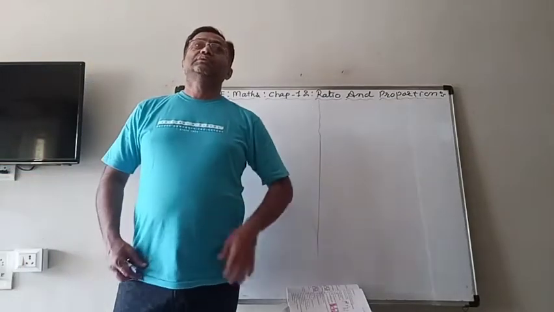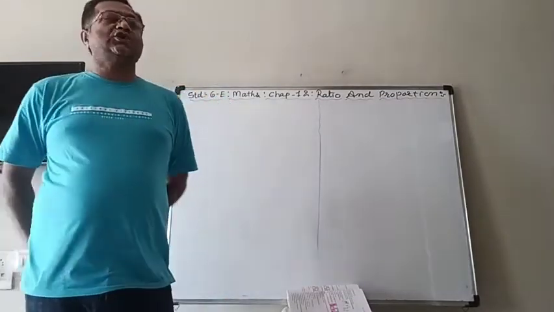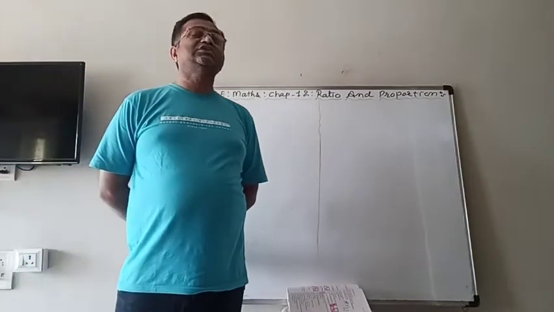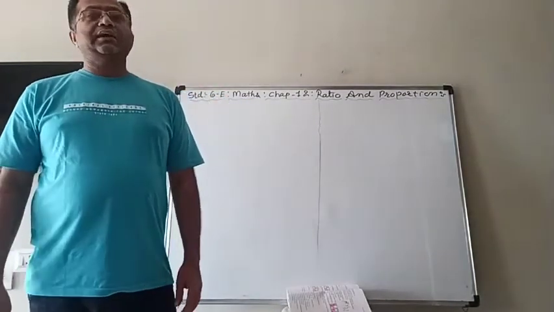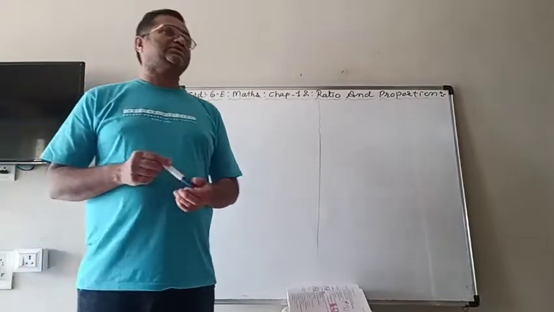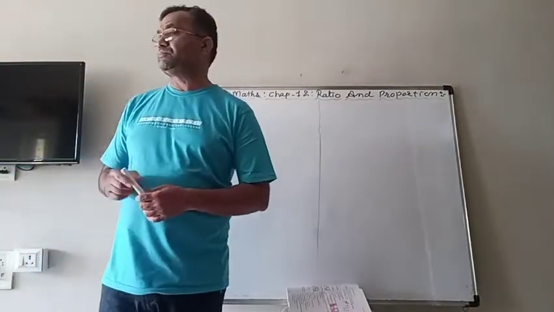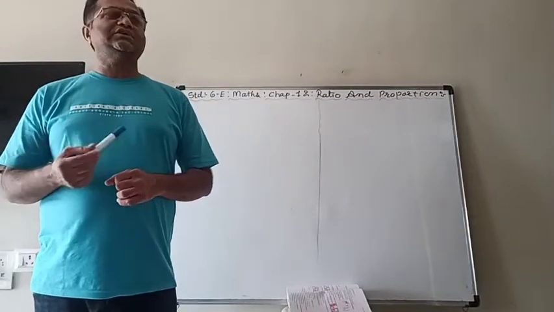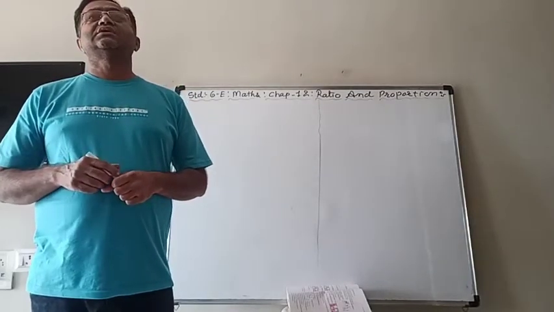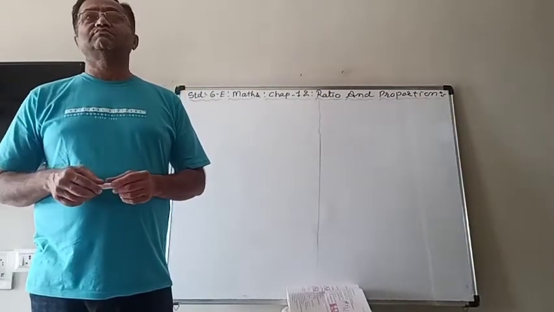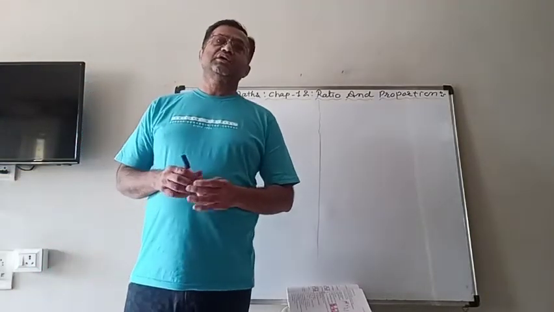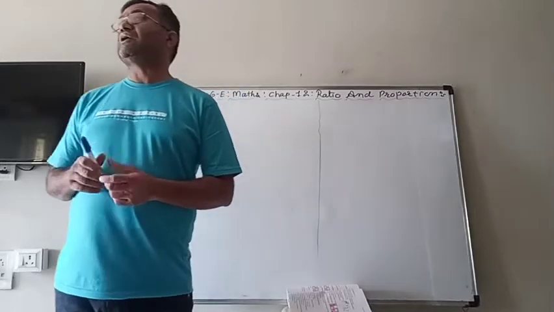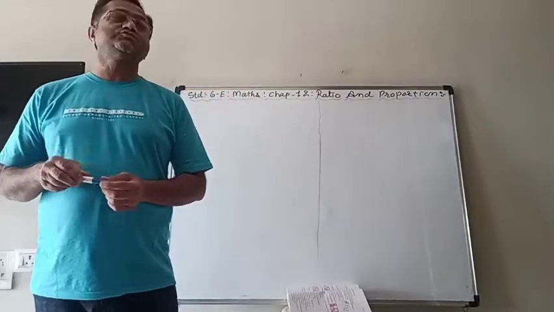We saw how to denote the ratio, how to find the ratios, and the most important thing to remember is that when we find the ratio, both the quantities must be in the same units, of the same type. Otherwise, it is not possible to find the ratio between those two quantities.